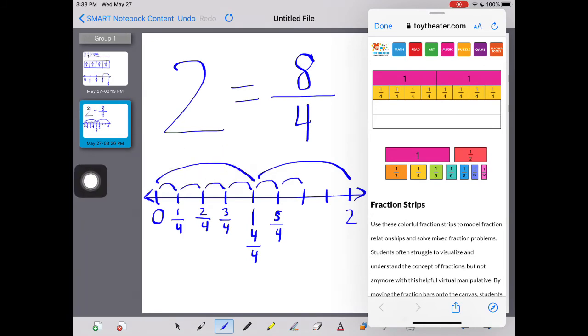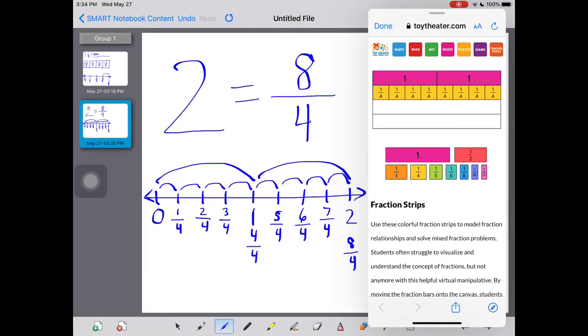Now we go another 1/4, and now we have 6/4. Go 1 more fourth, and we have 7/4. And then we go 1 more fourth, and now we have 8 pieces. We have 8/4. Okay? So that's another way of showing when you have more than one whole, what does it look like as a fraction?